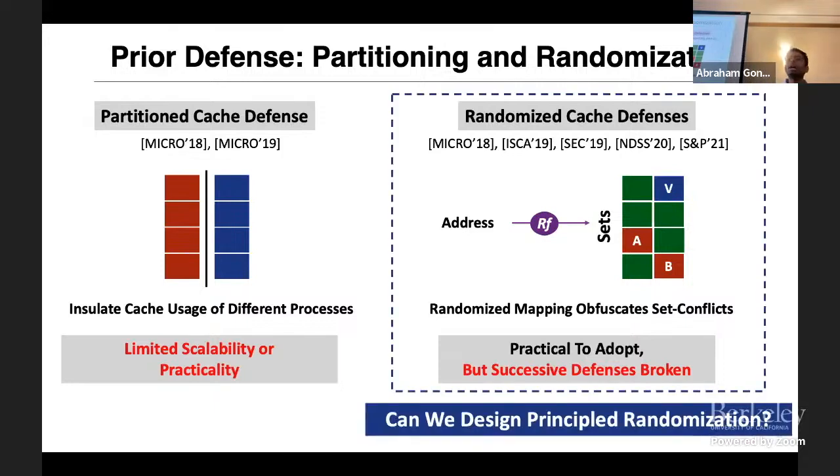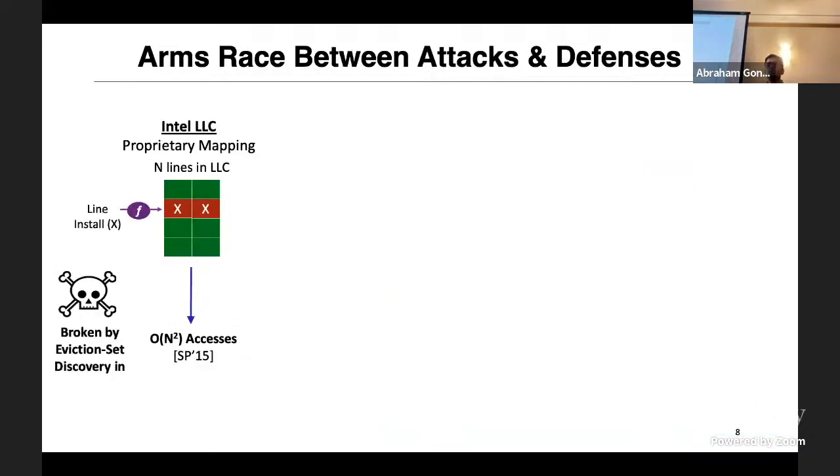So the key question we asked is, can we even design a principled randomization-based defense that can eliminate these kinds of attacks, and that might be resilient to future attacks? To answer this question, we tried to analyze why prior defenses kept getting broken. So the process started with the Intel proprietary cache, which had a proprietary fixed mapping, a linear mapping.